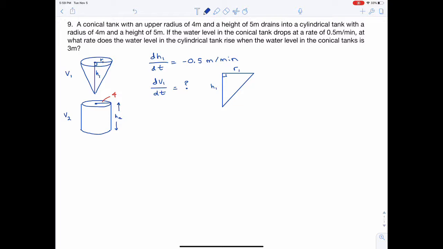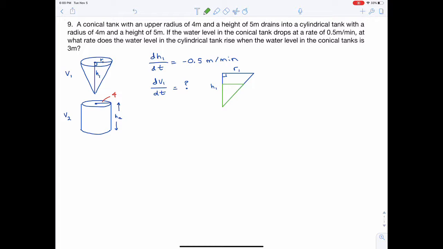And as the water level drops, it's going to be making similar triangles. The radius is going to change, the height's going to change, but the triangles that are produced are similar. If I were to make a new triangle over time, this green triangle right here is similar to the original triangle.